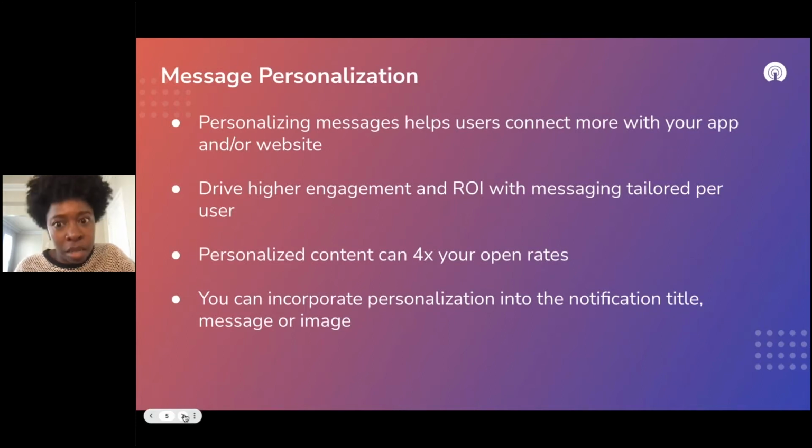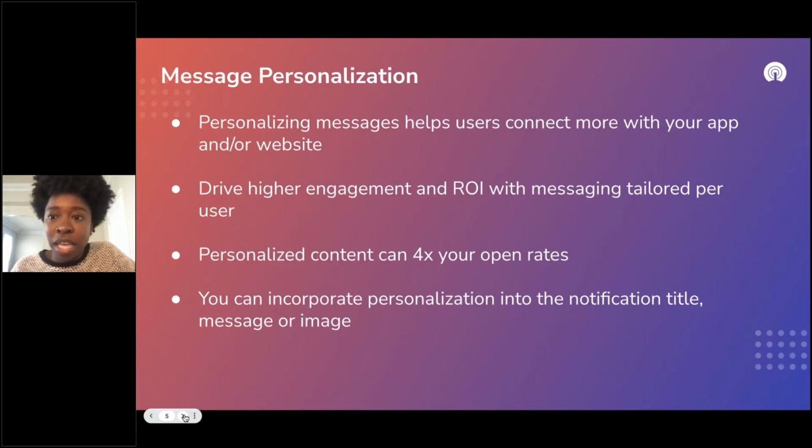So, making the messages feel like they are for that specific user themselves. Personalizing your messages helps the users connect more with your app or website and your business overall. They're great for driving higher engagement and ROI because they're tailored for that specific individual.